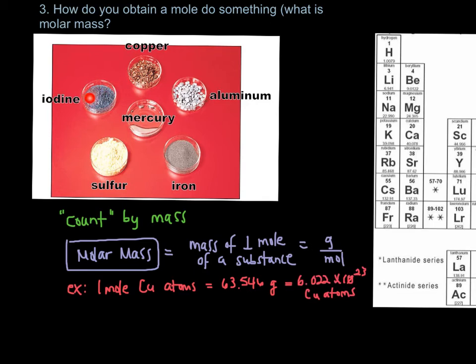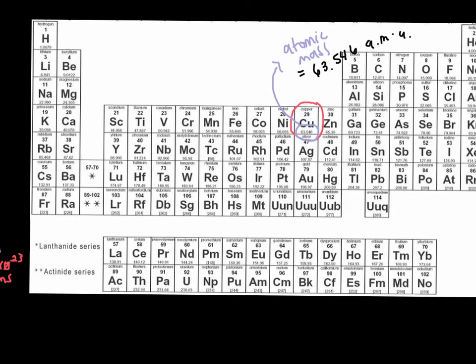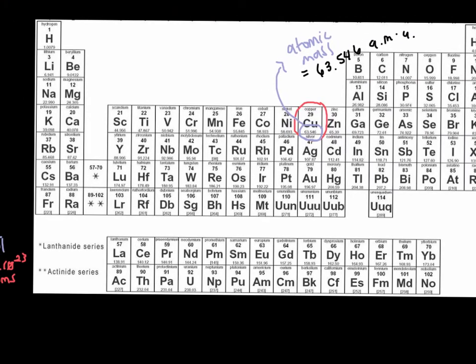So what about iodine? What if I want a mole, or 6.022 times 10 to the 23rd iodine atoms? Well, we'd go to our periodic table and we would find iodine. So here's iodine. Its mass is 126.90 atomic mass units, which is equal to 126.90 grams per mole of iodine.